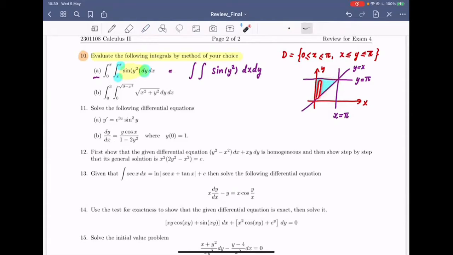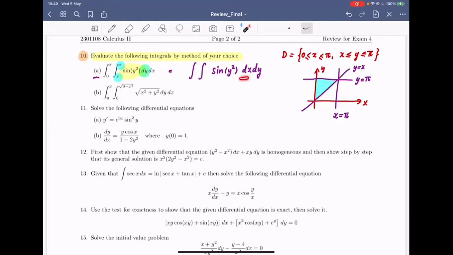And x goes from 0 to pi. So the area we want to integrate over is the one I highlighted in light blue.